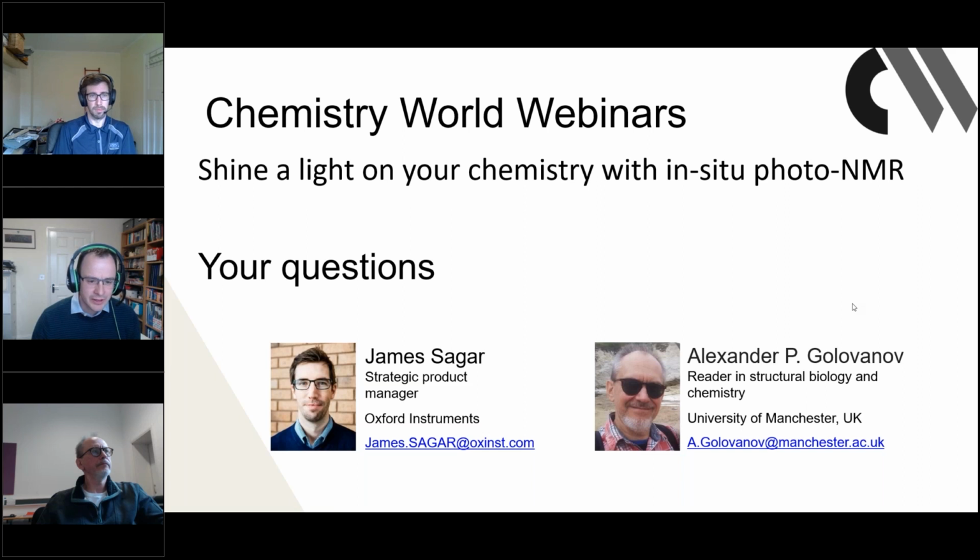So I'm just going to ask a question from Jeffrey, and I guess maybe this will go to Sasha first. He's asking a question about studying more complex systems like UV photopolymerization. What's the level of complexity you can start to look at, and what's the limiting factor in this kind of setup? So NMR itself is a very universal method, as we all know.